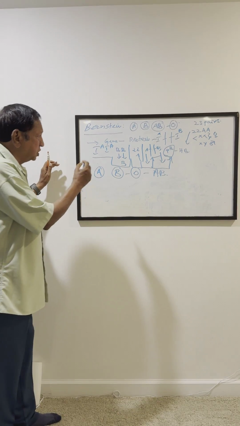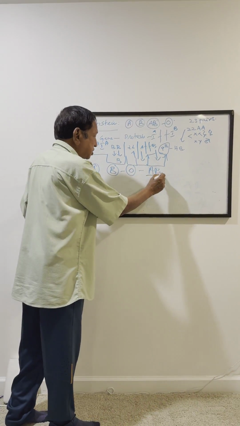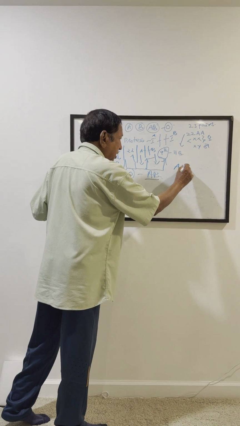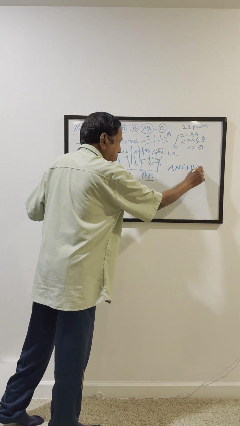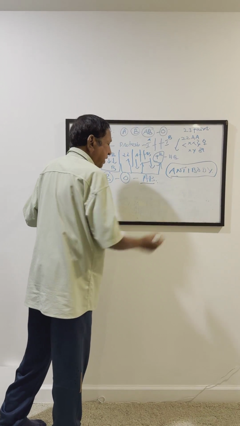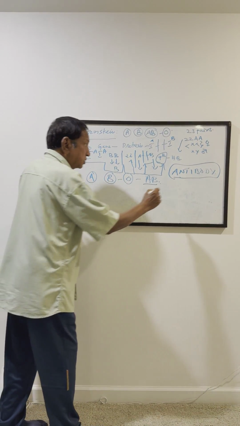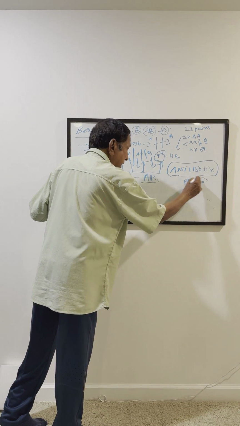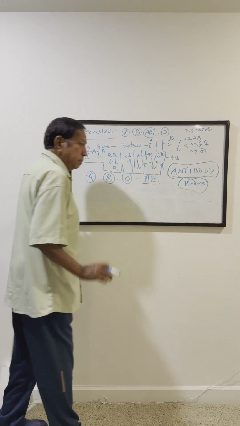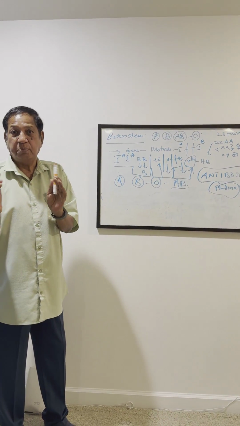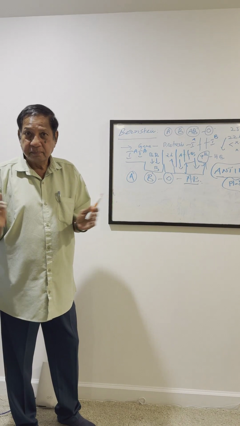Now, once we talk about these antigens, there is a specific antibody for each antigen. What is an antibody? Antibody is a component present in the blood plasma. What is plasma? Plasma is the blood component without the protein fibrinogen.